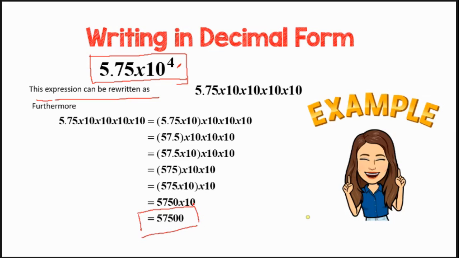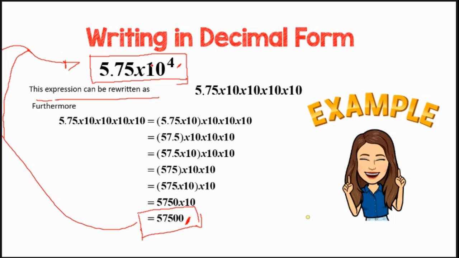So how do we write relatively large numbers in standard scientific notation? Okay, let's reverse the example. From this number here, 57,500, we are going to write it in scientific notation, 5.75 times 10 raised to 4.